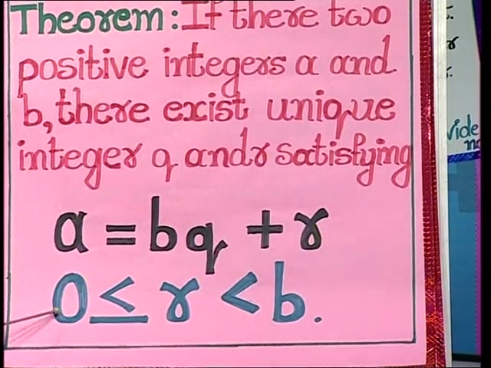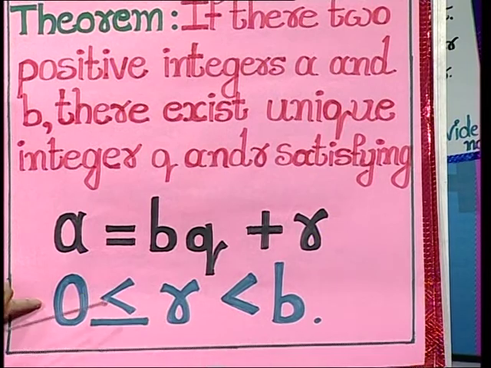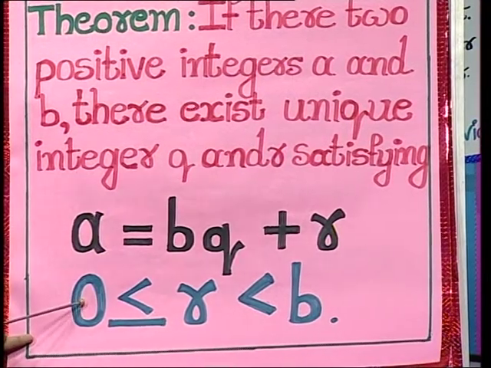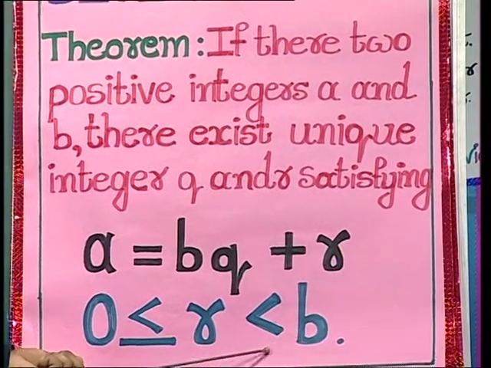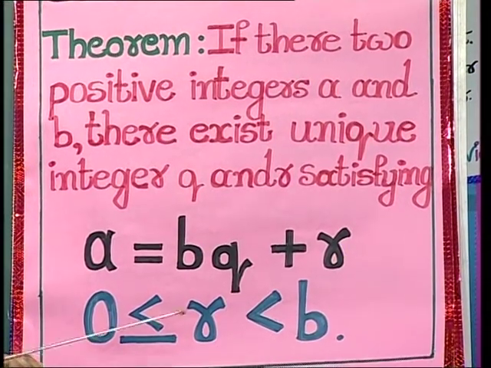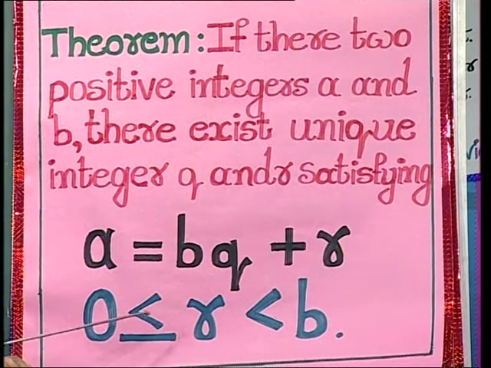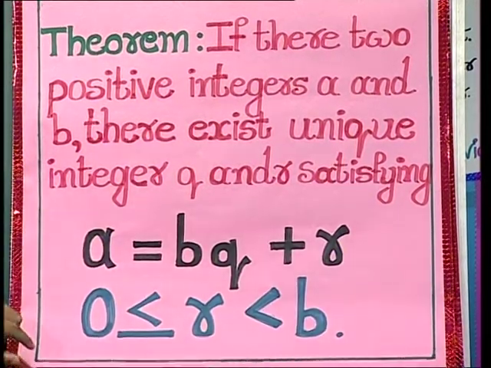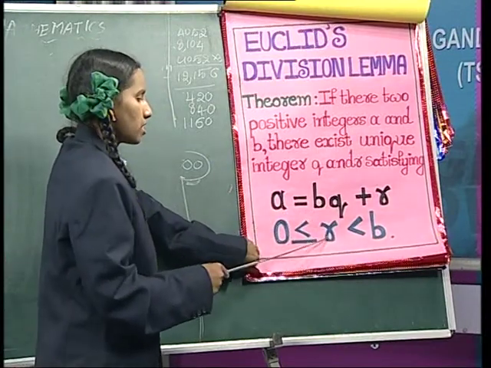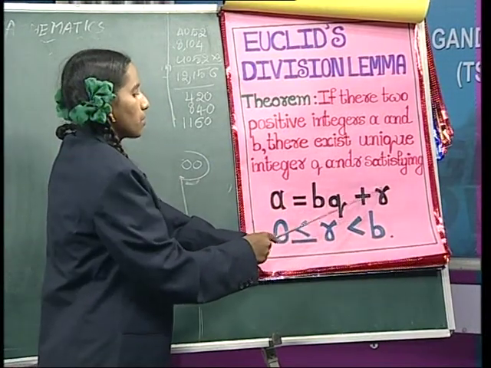That means r can be equal to 0 and the numbers more than 0 are also possible remainders, and the remainder should be less than b. Simply we can say that the remainder lies between 0 and b. Here a means dividend, b means divisor, q means quotient, r means remainder.